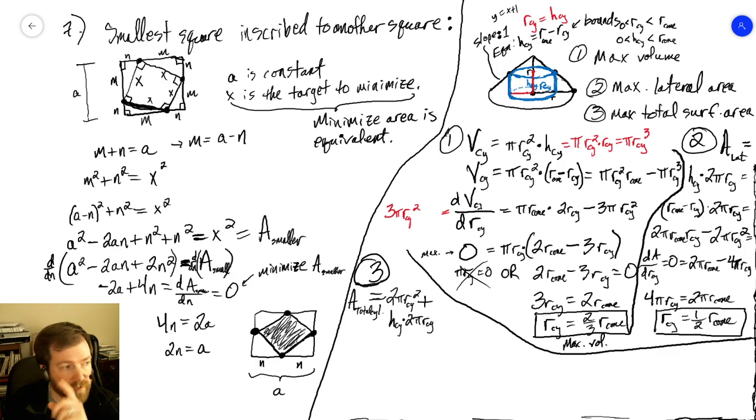Okay, so now in this case, we're going to say that the height of the cylinder is going to be equal to the radius of the cylinder. Now we should get two different... Nope. Okay, all right. 2 pi r cylinder squared plus, if this is r cylinder, then this is 2 pi r cylinder squared as well.